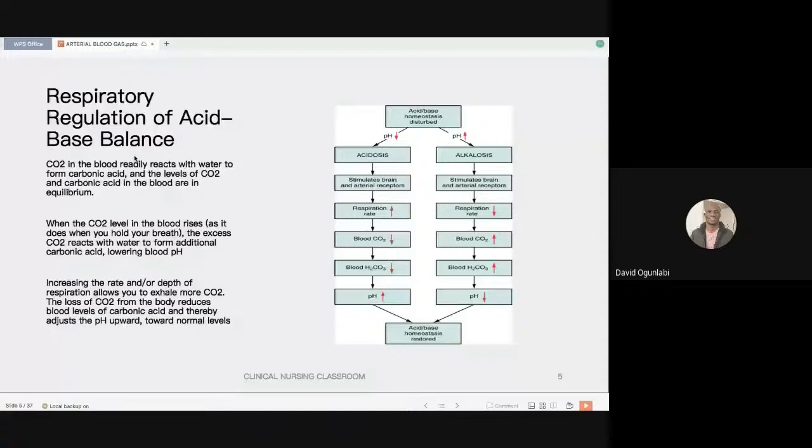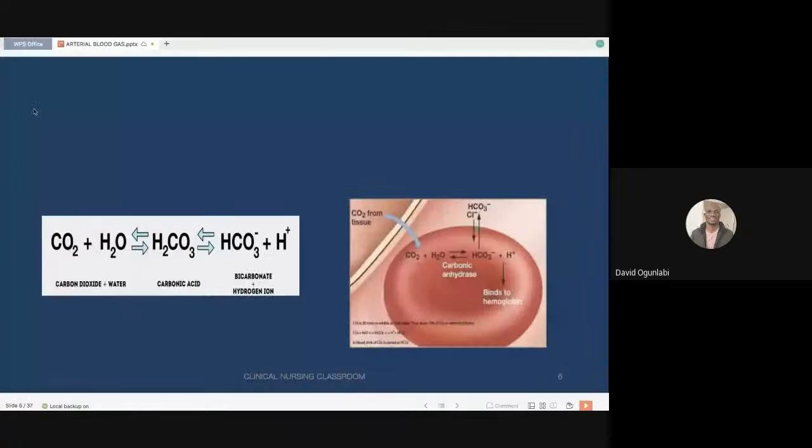This is the CO2, the carbon dioxide that you breathe in. When CO2 gets into the blood, it reacts with water, and you know water makes up the largest component of the blood.